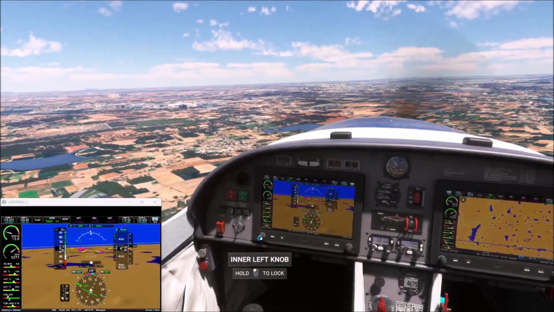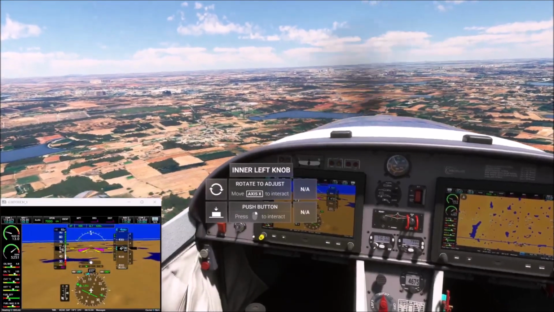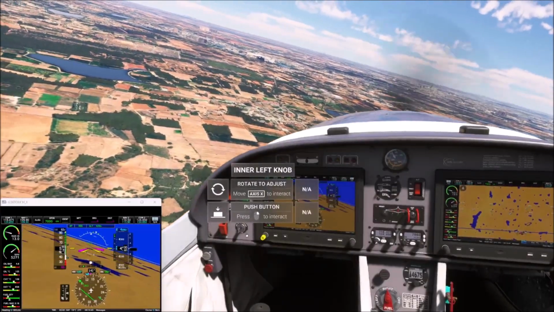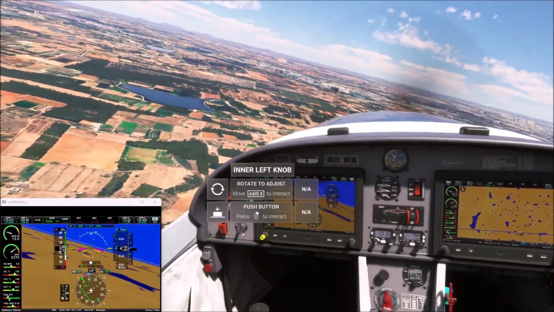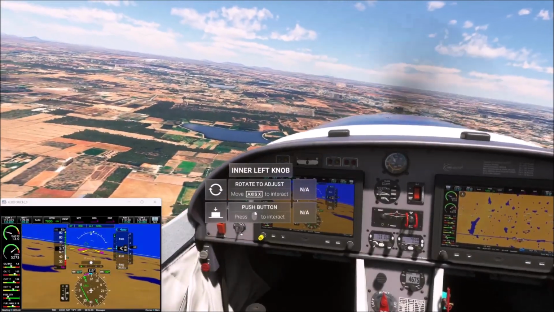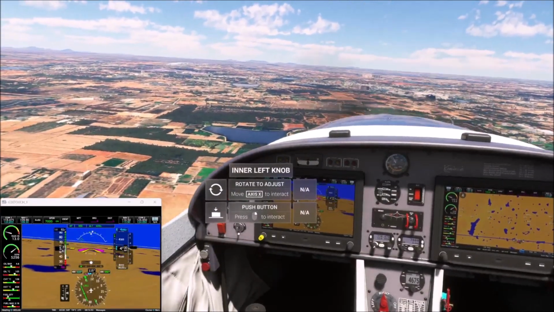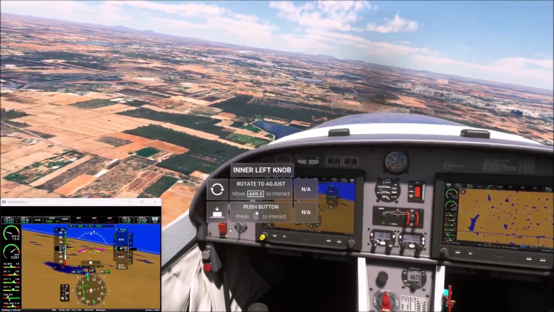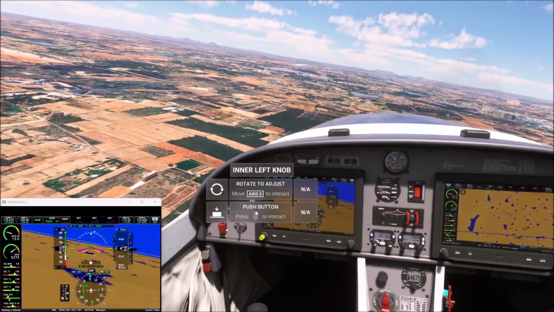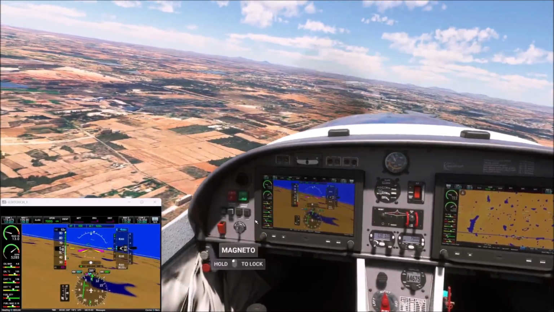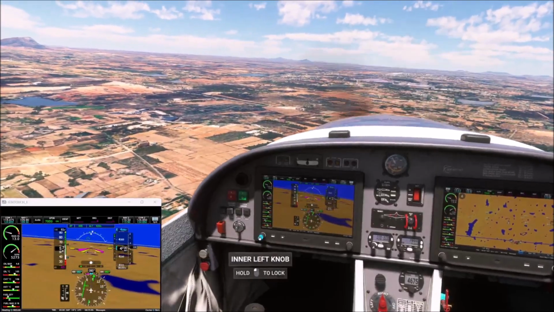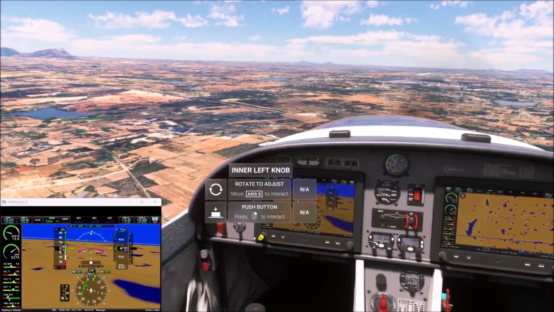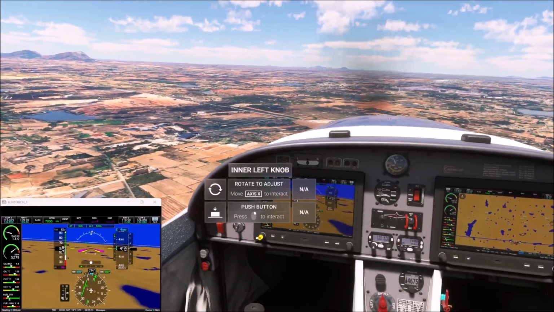Small adjustments. So we are waiting to stabilize our plane on the localizer and on the glide slope. Actually now we don't have any.